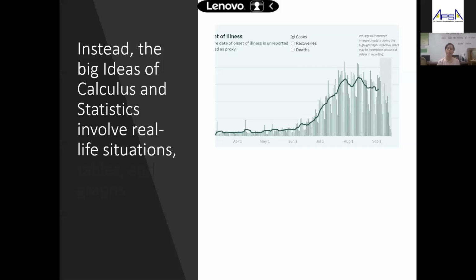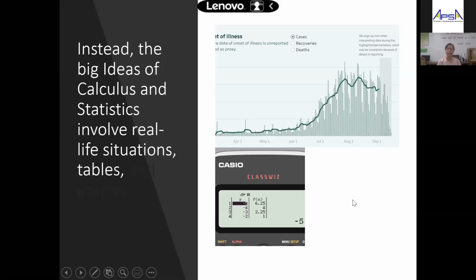Instead, what I want to encourage you to think about is big ideas of calculus and statistics can be represented in many ways. There are several representations. Yun, the word, representations. Maraming paraan mag-represent ng big ideas. One is through a real-life situation. So we had COVID examples in this talk. Diba? We have tables. Okay? And technology can actually help with those representations.